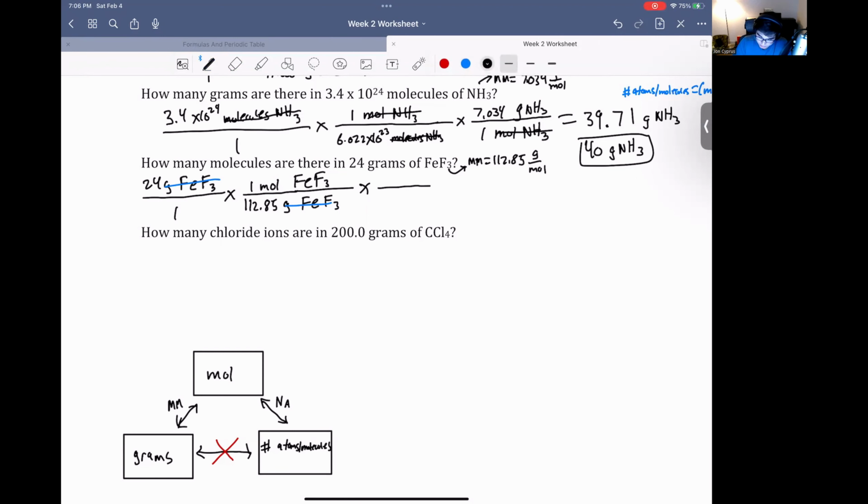So we're going to use 6.022 times 10 to the 23rd molecules of FeF3 for every 1 mole of FeF3. Now our final unit is in molecules of iron fluoride, iron 3 fluoride, and so let's go ahead and plug this in.